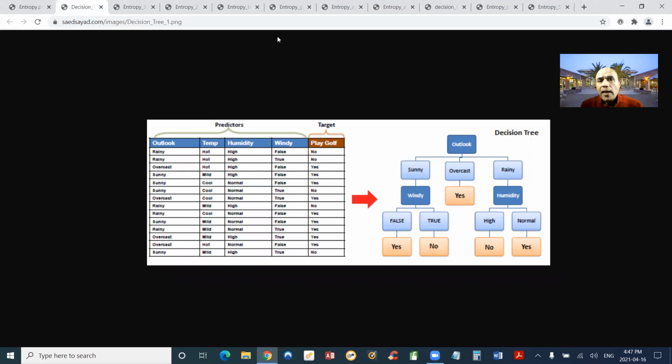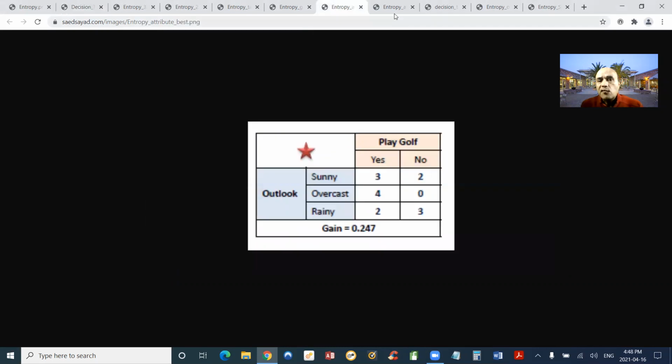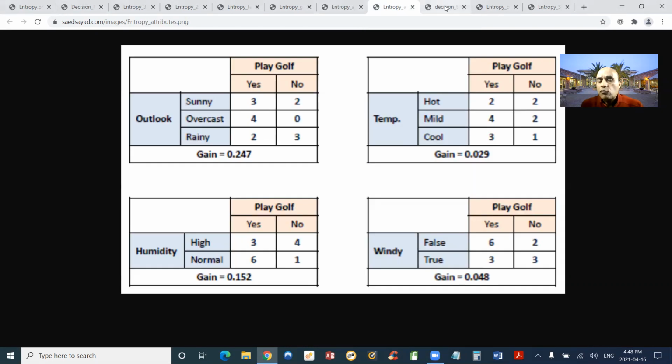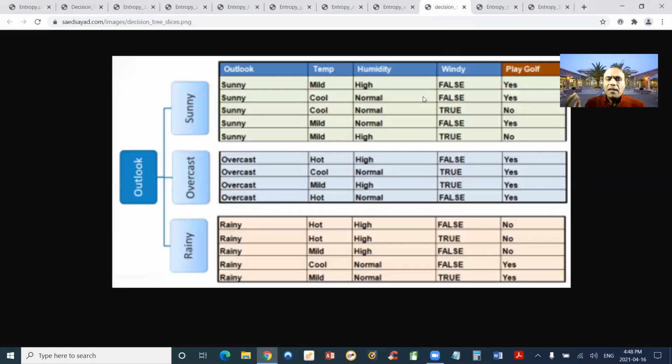I wanted to take you on this trip so that you know what we are trying to do. And remember, this is going to be eventually what we call a branching technique. Branch and bound, sometimes they say, branching technique. So if you take a look at outlook, I'm going to have rainy, I'm going to have overcast, I'm going to have sunny. Now the outlook is here. You could potentially tag it with one of these.